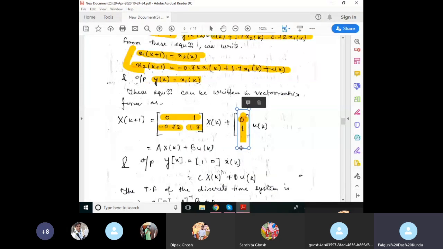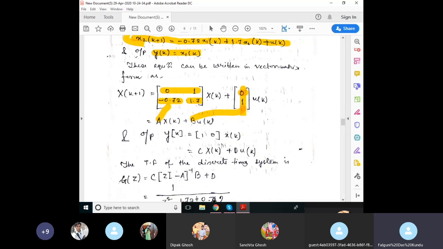This is A, and B is a column matrix with values 0 and 1. The output y of k is C into x of k. What is the value of C? C is a row matrix and the output only consists of x1, so it is 1 0. So this becomes C of x k plus D of u k.